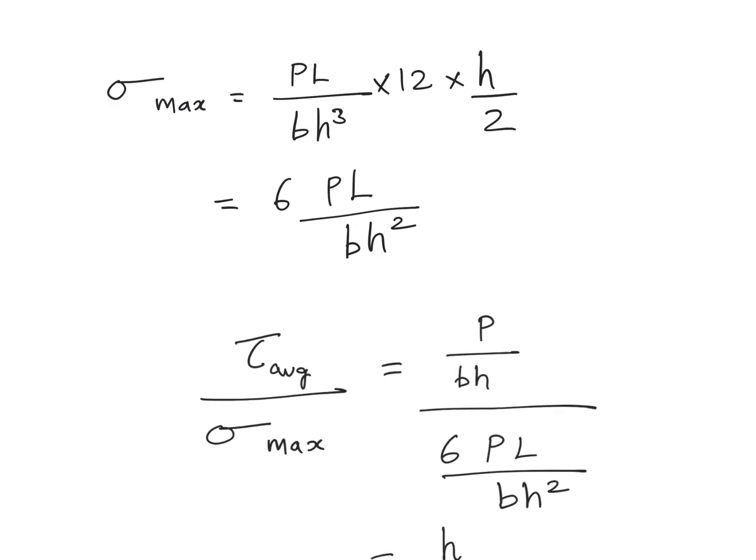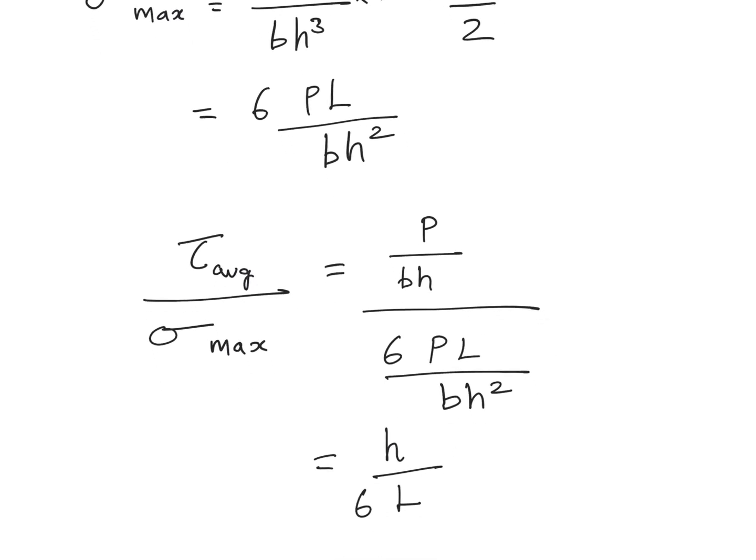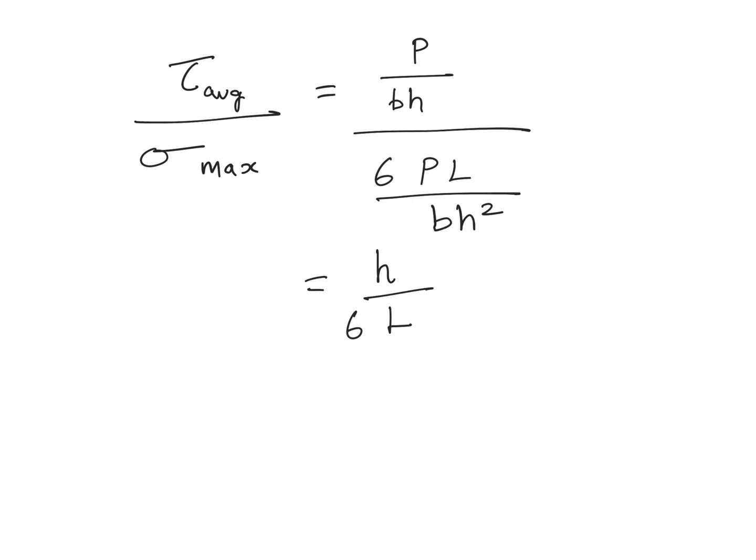We have the average shear stress, which we computed a bit earlier, in the numerator, and then we have our maximum bending stress in the denominator. Again, plug and chug. Once you do all your simplifications, you end up with a ratio of this kind.